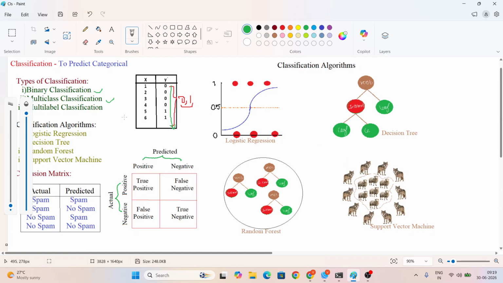Multi-label classification means we have several labels. Assume you are going to a movie. If the movie has a comedy scene, we give 1, otherwise we give 0, right?